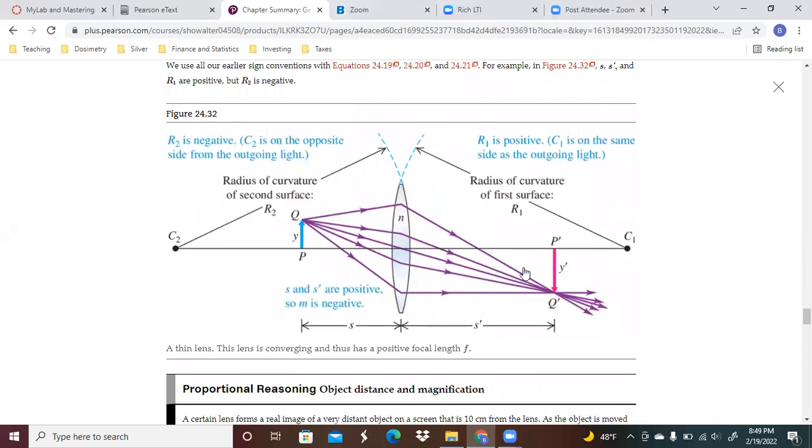So again, what you're seeing here is the curvature, the radius of curvature for these two lenses being put together. You've got the rays that are emanating from Q end up producing a virtual image over here of Q prime. And since this is converging, it's considered to have a positive focal length.